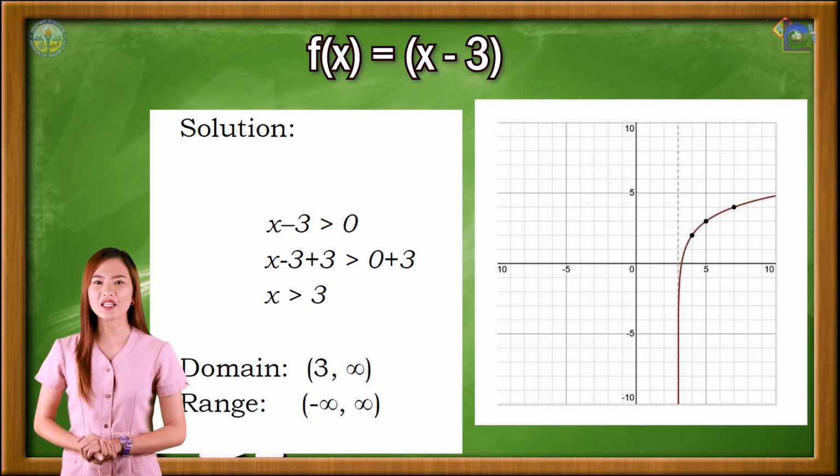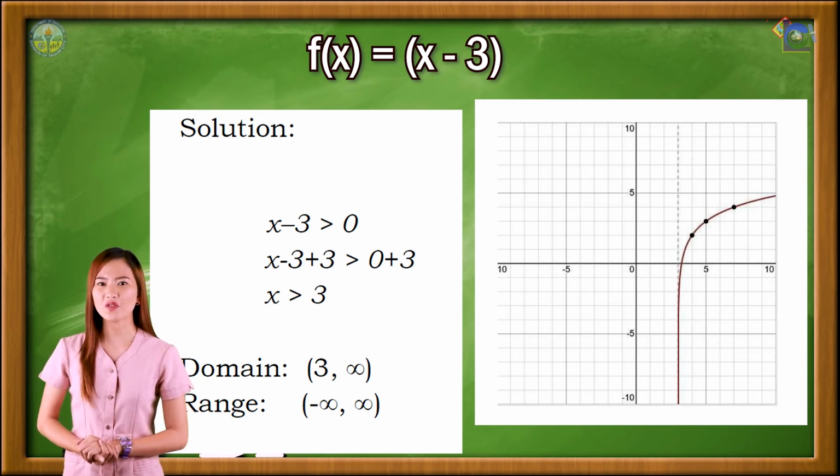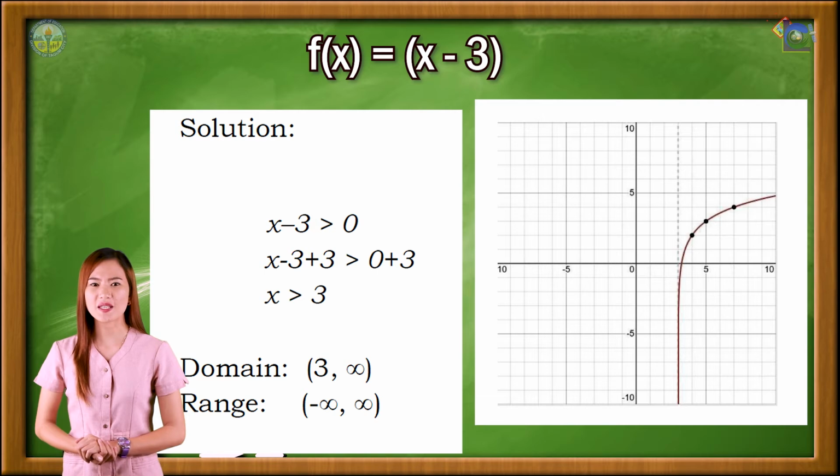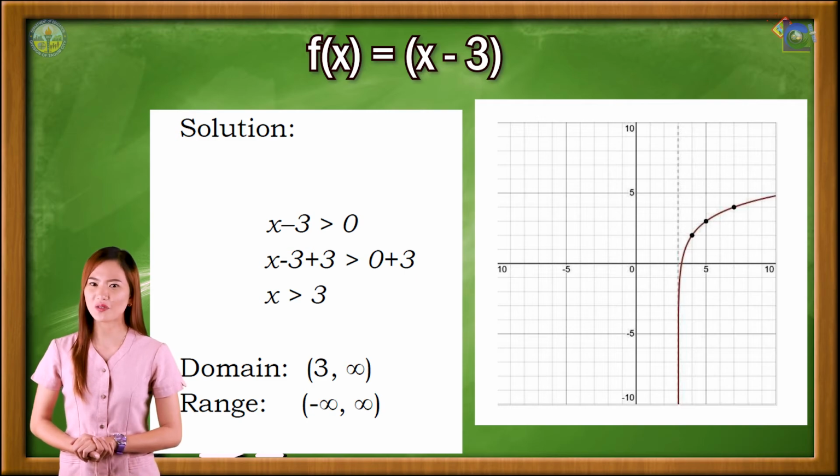Hence, our domain is 3 to positive infinity, and the range is the set of real numbers, that is, in interval notation, negative infinity to positive infinity. Did you follow, class? For more examples, kindly refer to your module.